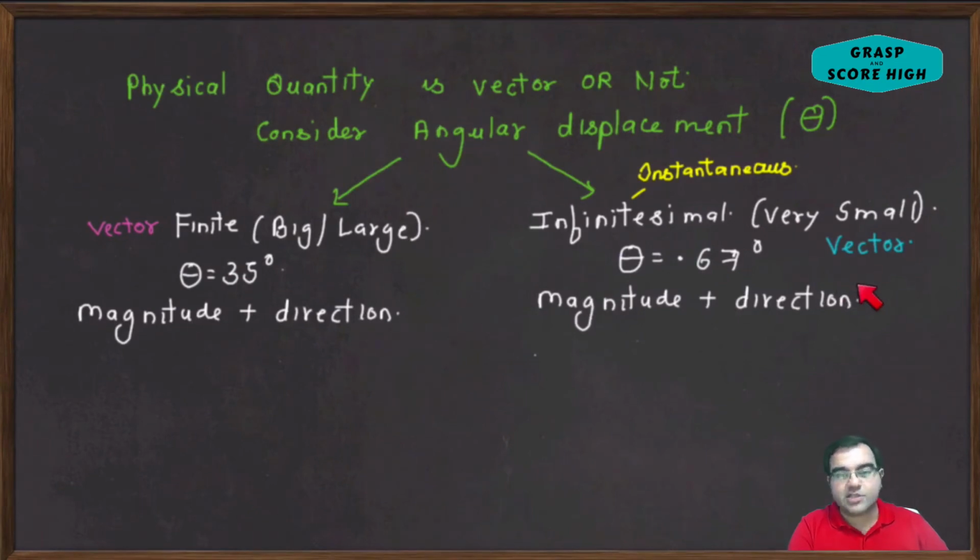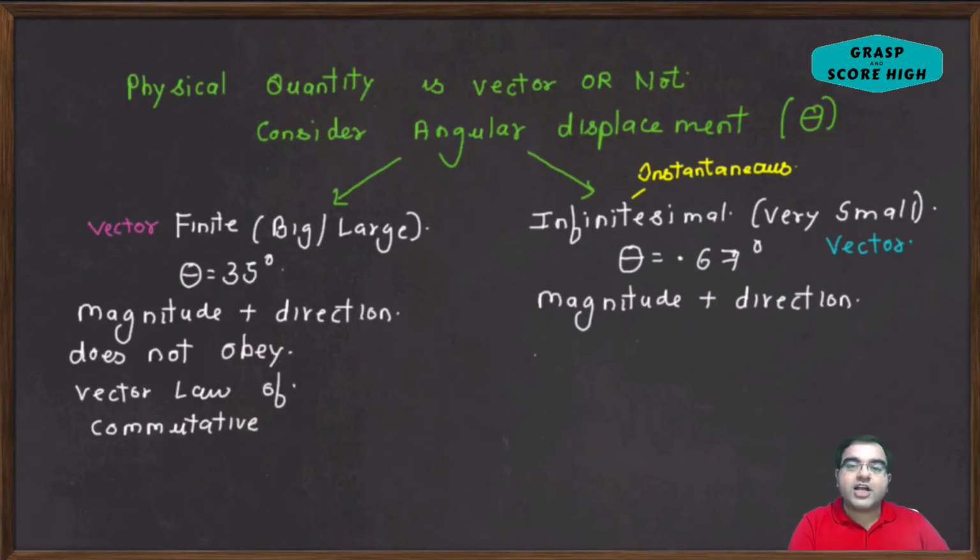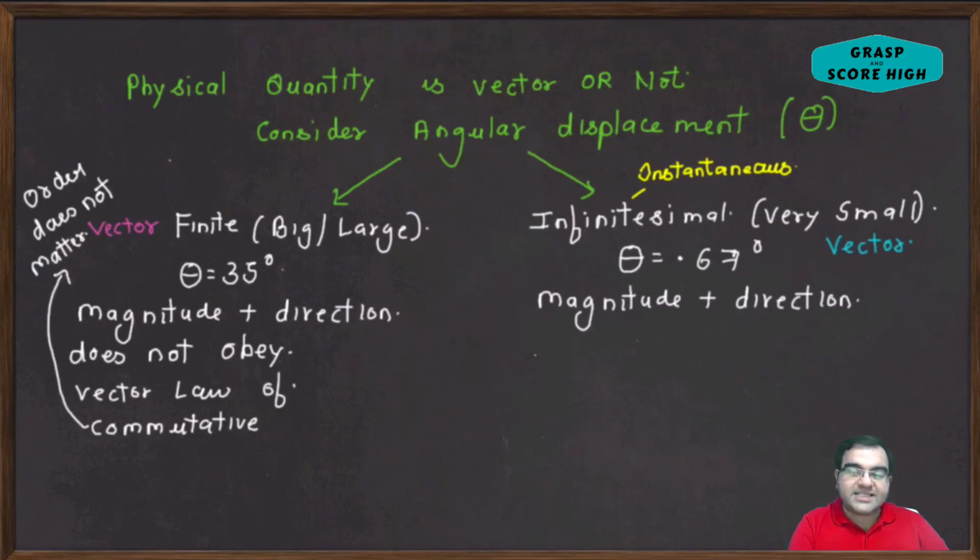But I told you that is not the right way to decide whether a physical quantity is a vector or not. We check two laws of vectors. The first law we check is the commutative law. Now, this finite vector is not going to obey the commutative law. First of all, understand what a commutative law is. A commutative law basically means order does not matter.